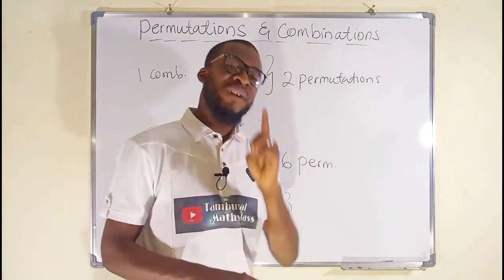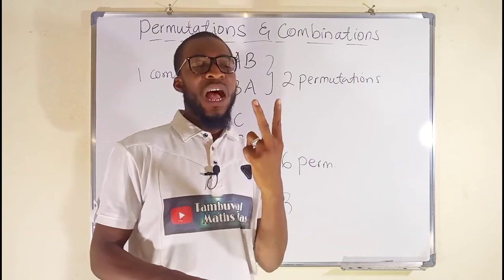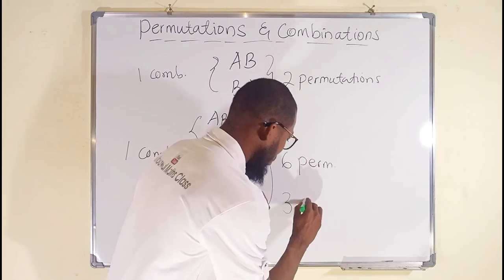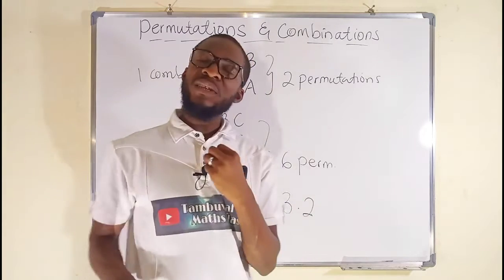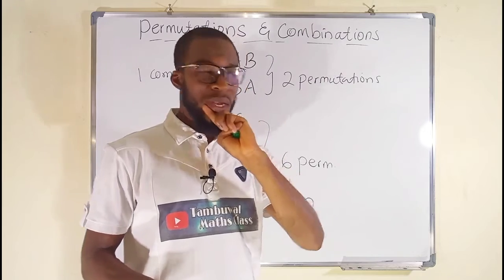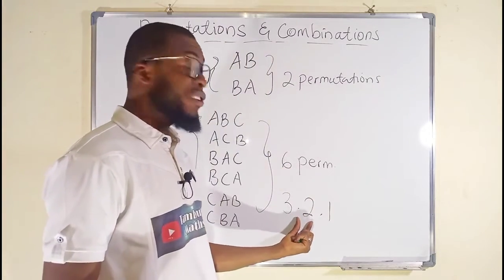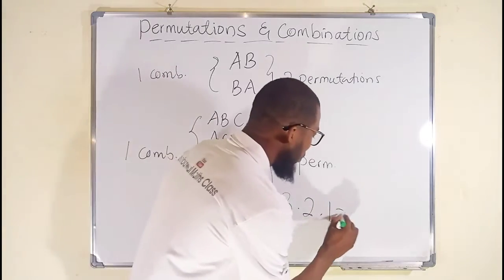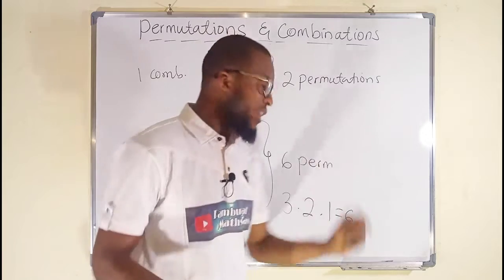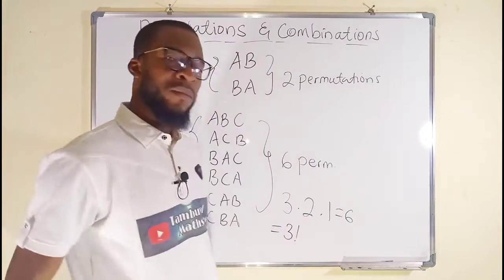But having chosen the first option, you have 2 letters left, and you have to choose among the 2 letters to decide which one comes second. After choosing the second one, you have only 1 letter left, which is 1. Can you see that? 3 times 2 times 1 is equal to 6. And this is just a definition of factorial. This is equal to 3 factorial.